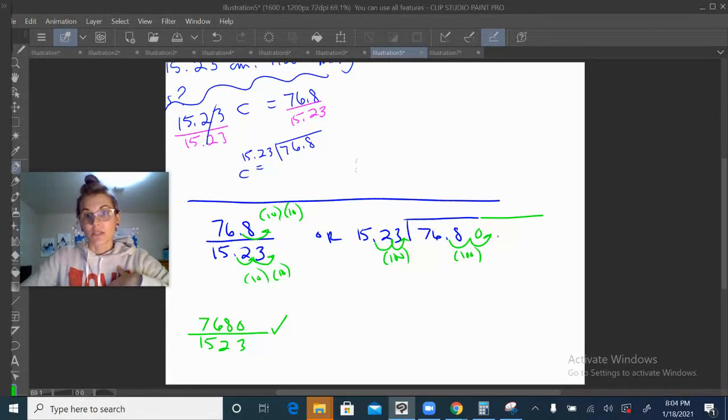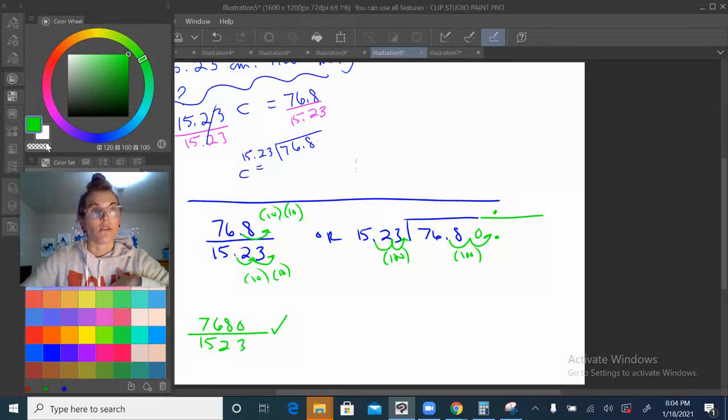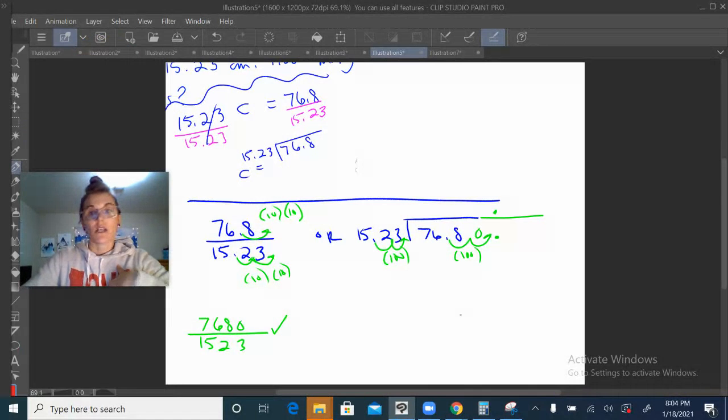So now my decimal place goes at the end, so 7680, which matches up with this, and then I bring my decimal place up. All right, let's go to my other color, my red, because we were using that before. And we're going to use that rule also that I can put as many zeros as I want after the decimal. That doesn't change it.